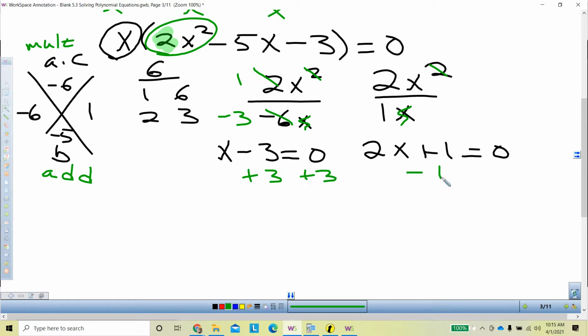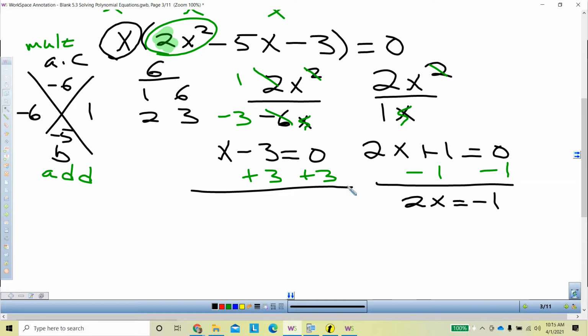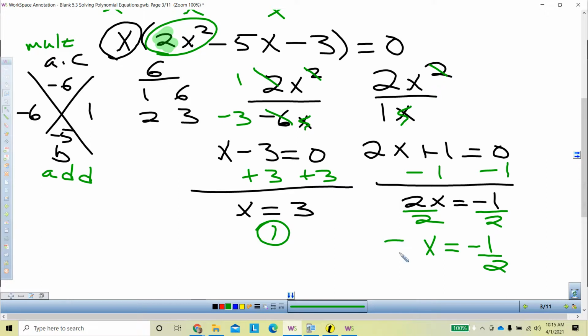And then we're just solving for x, like normal. So here's one answer. Here's my second answer. My third answer is from that x equals 0.